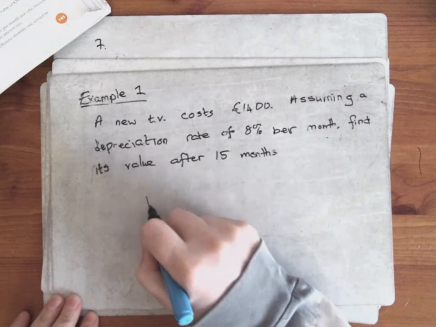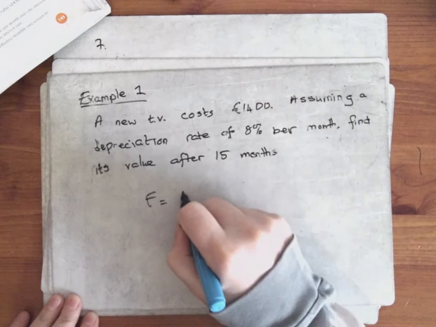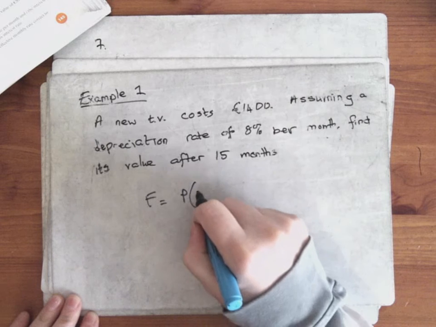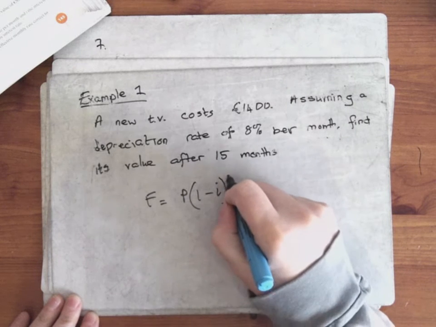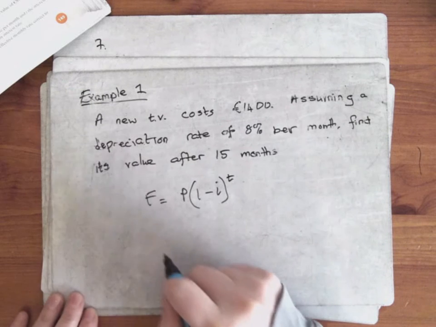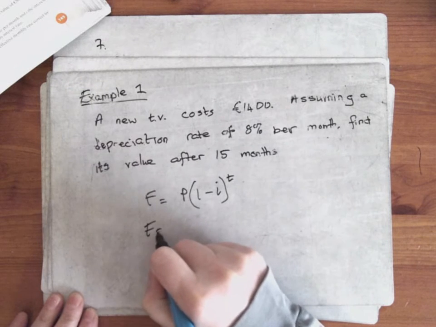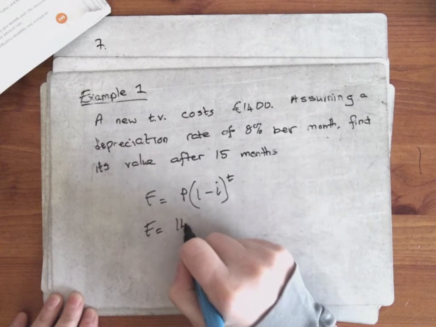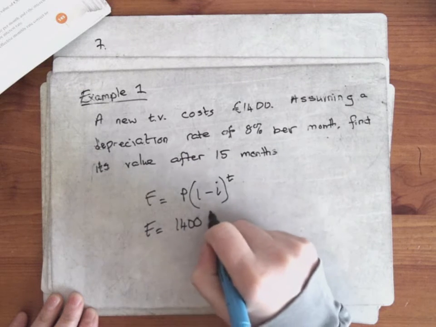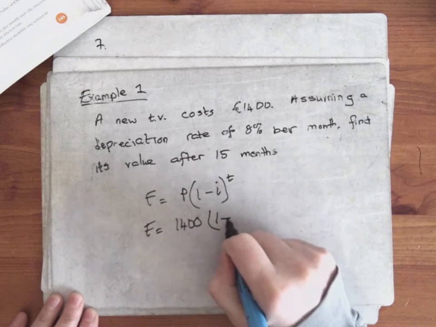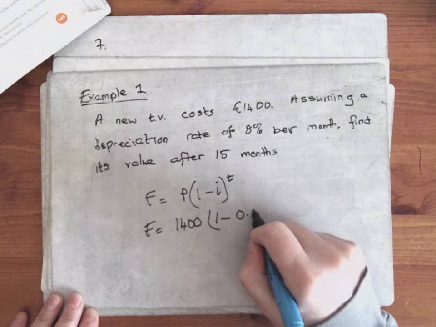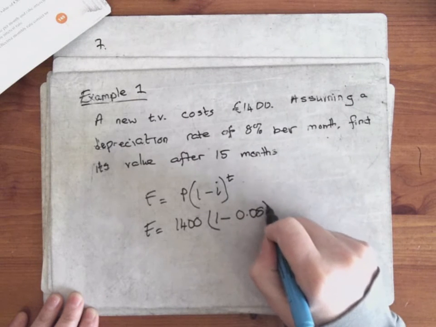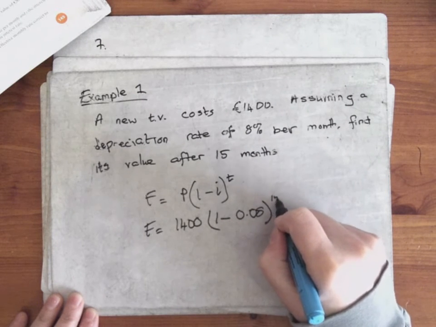So the final amount, how much it's worth now, is equal to the principal, what it was worth at the start, times 1 minus i, because it's depreciation, all to the power of t. The final amount is what it's worth now. P is what it was worth at the start, which is 1,400. It's 1, take away the interest rate as a decimal, so 8% as a decimal is 0.08, and that's all to the power of 15.